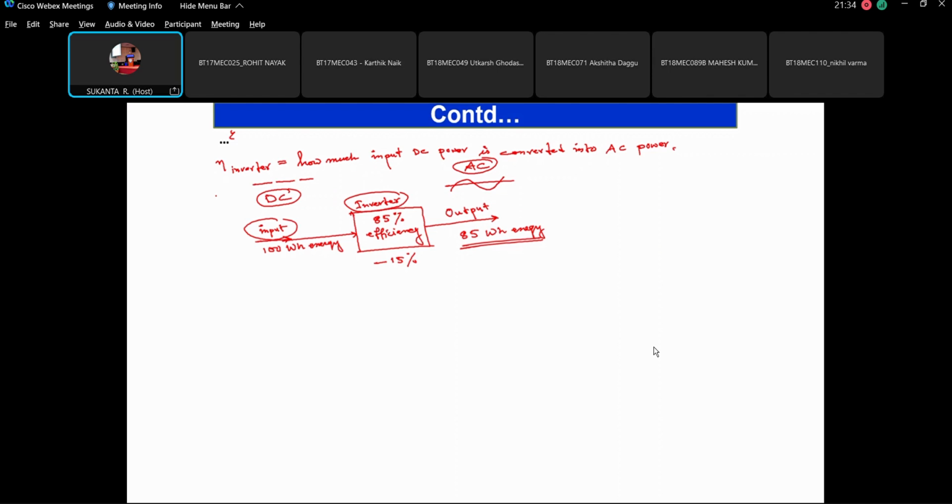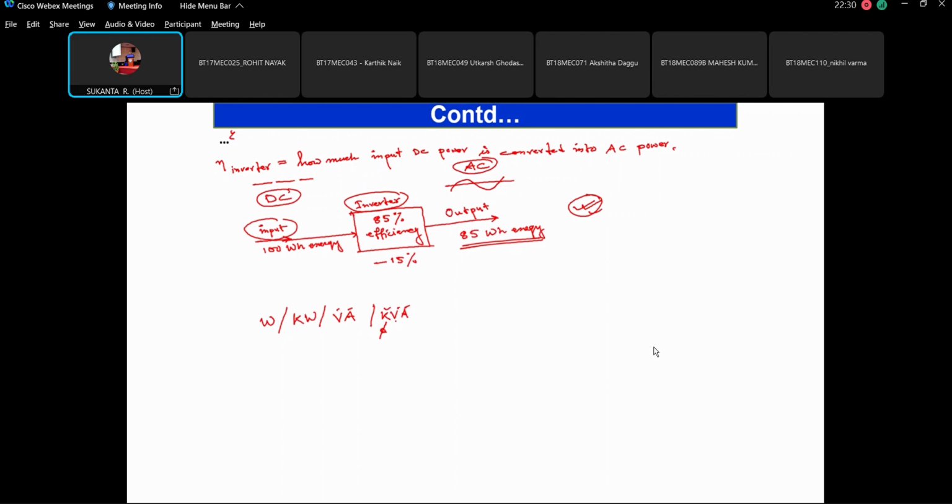The inverter power rating is generally given in terms of either watt or kilowatt, or in terms of voltage and current rating, kilovolt ampere. Then accordingly you can find it out.